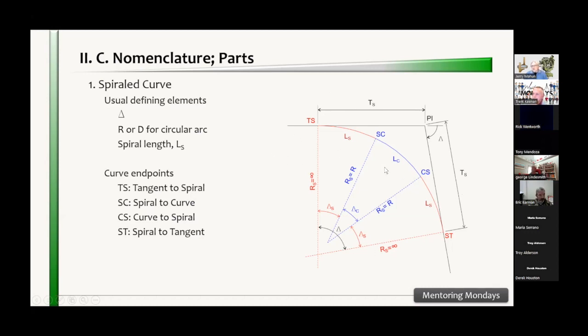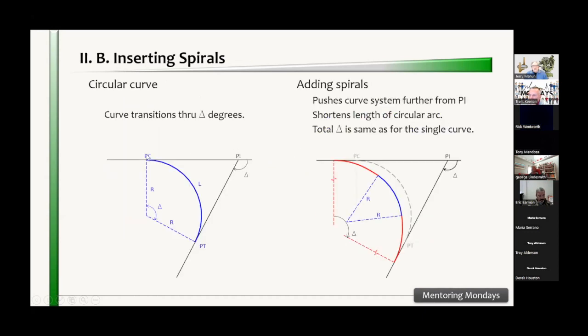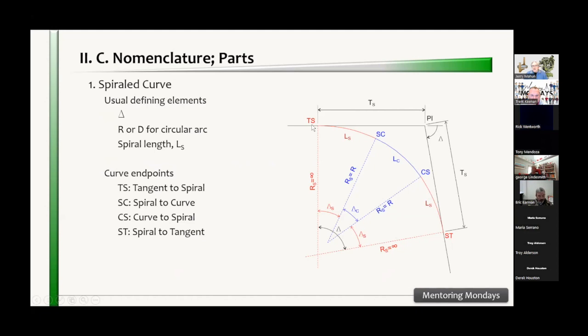And our endpoints now become, instead of being nice, simple things like PC and PT, we now have the TS, tangent to spiral, spiral to curve, curve to spiral, and spiral to tangent. And these are all tangents, so the radii for each of the respective curves are coincident there, or collinear, same thing here, and then these are perpendicular to the tangents. And then this distance is our spiral tangent, and this is our spiral tangent.